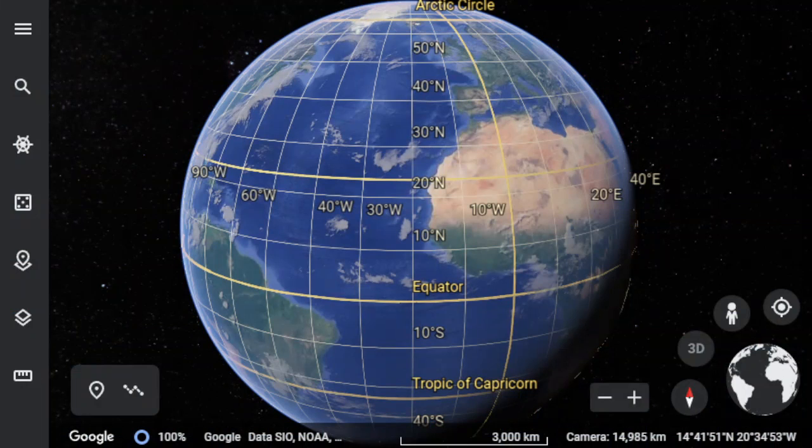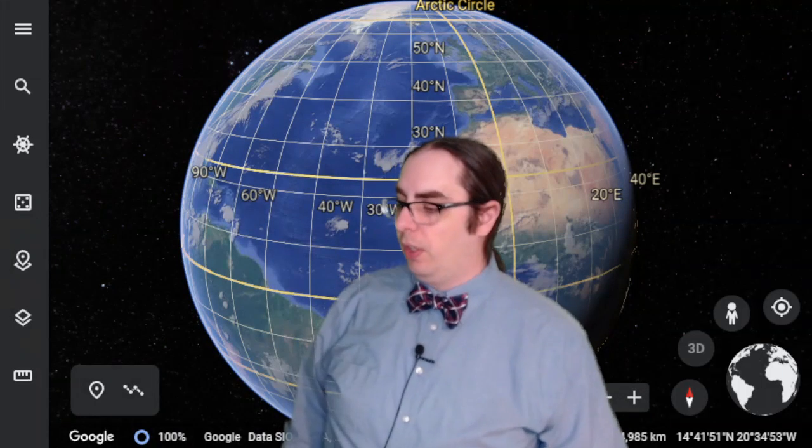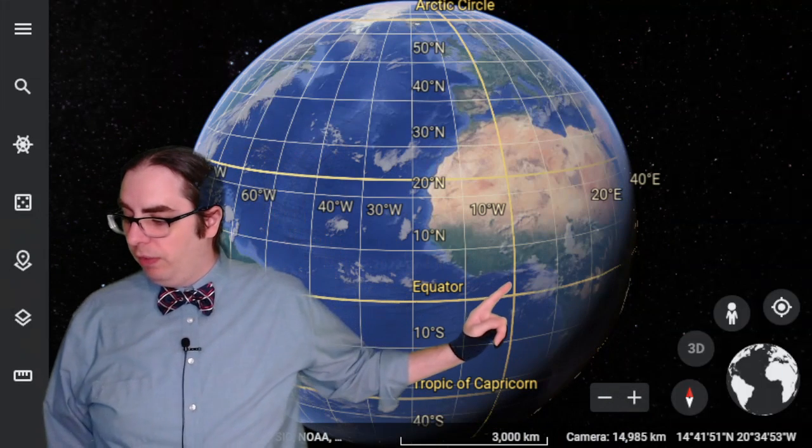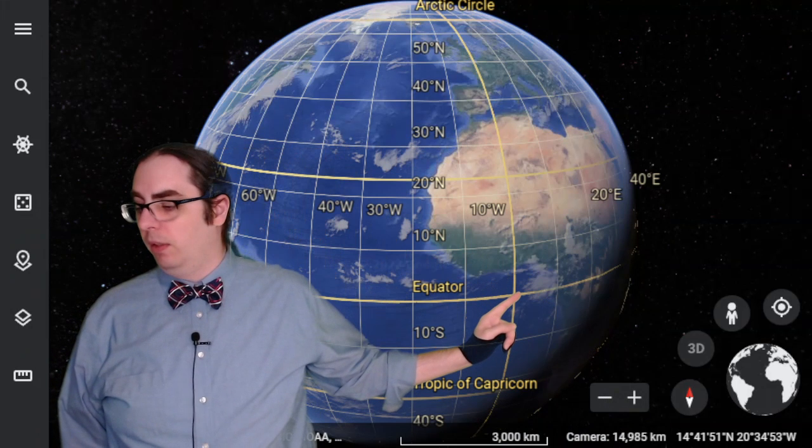The way that latitude and longitude are defined, I want you to imagine a coordinate axis set up at the center of the planet Earth and have a line come out of the coordinate axis at the center of the Earth and intersect the surface of Earth right here.